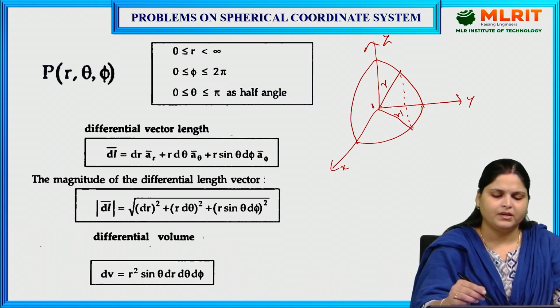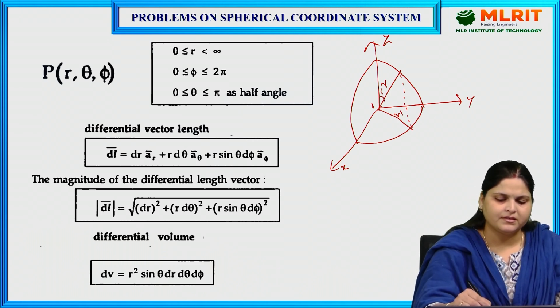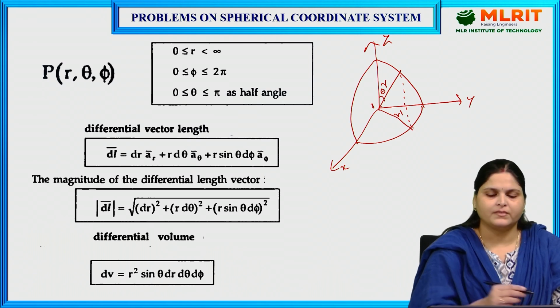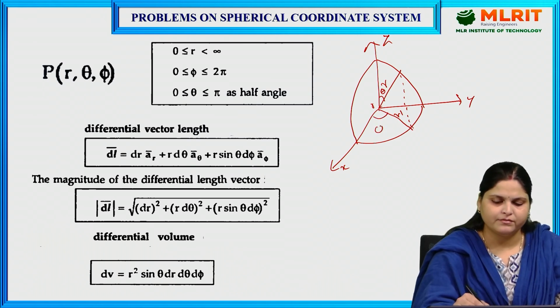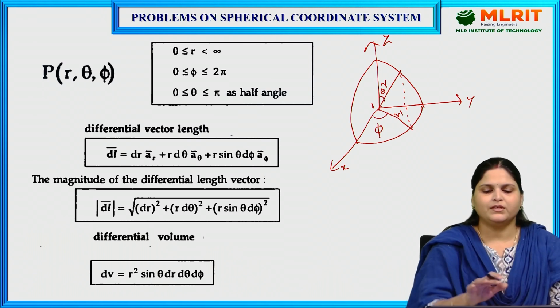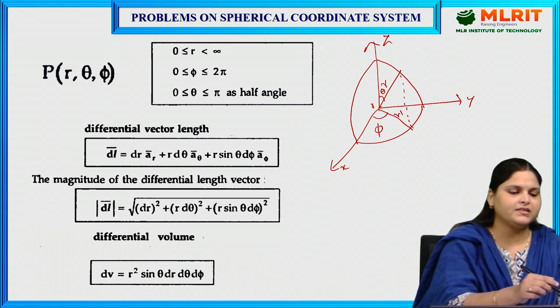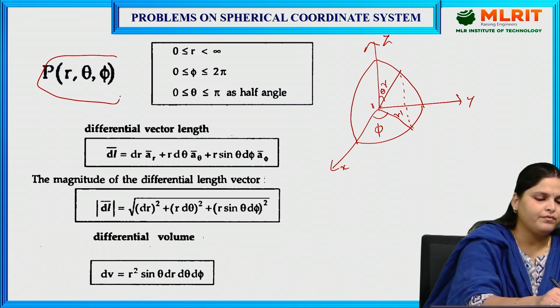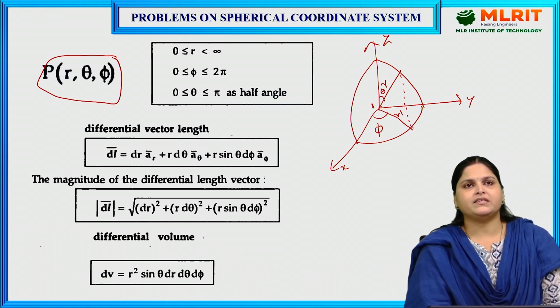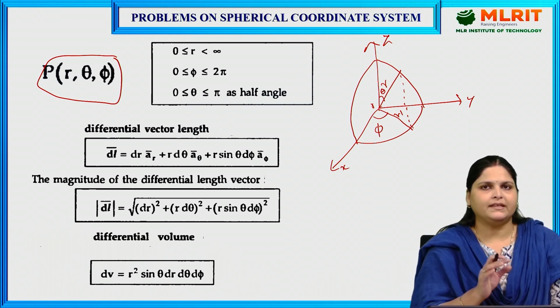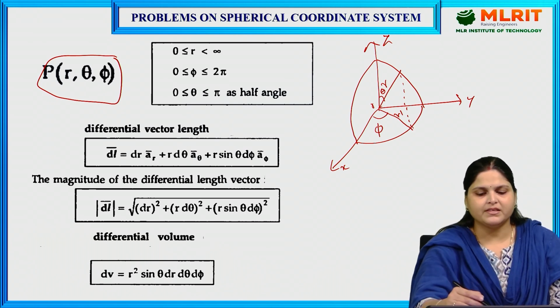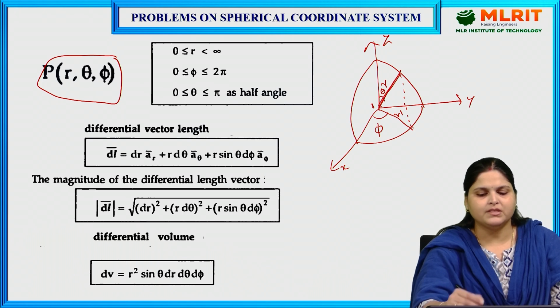This angle is the theta angle and this angle is the phi angle. By seeing this, we can understand that the coordinates of the spherical coordinate system are r, theta, phi, where r is the radius of this sphere.